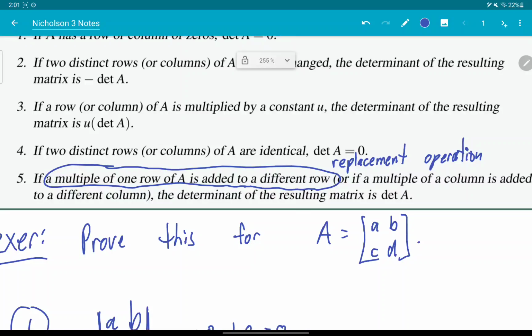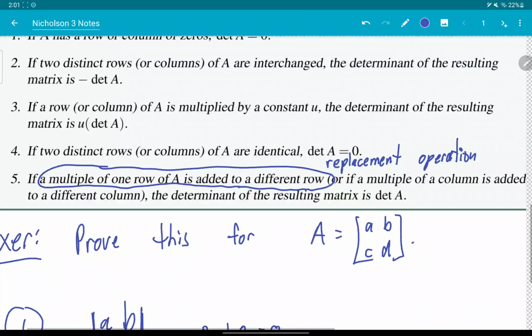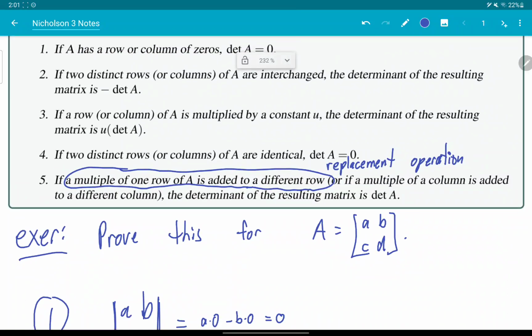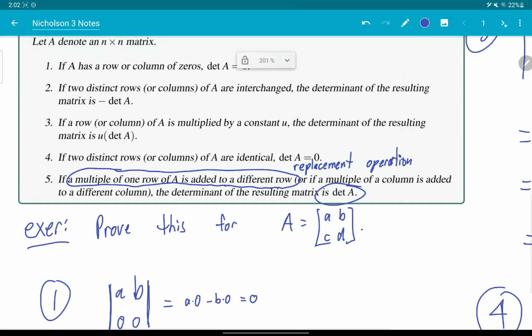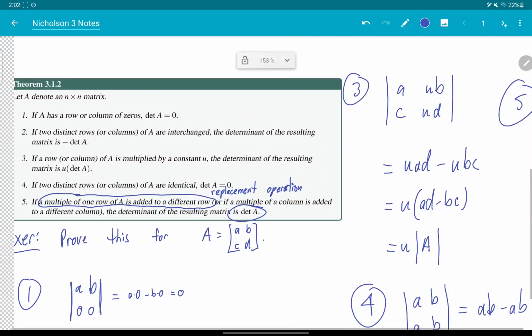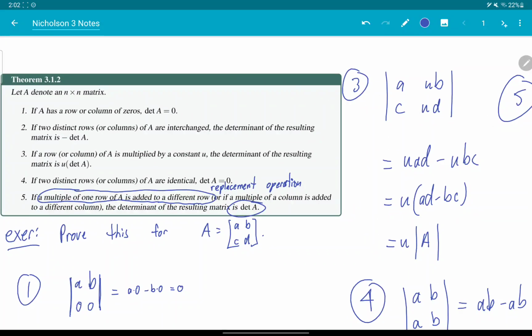Okay, replacement operations are very useful in this chapter. Because, well, you can see it in number 5 here. If I do a replacement operation, then the determinant does not change. Beautiful. Wonderful. No change. Simple as can be.